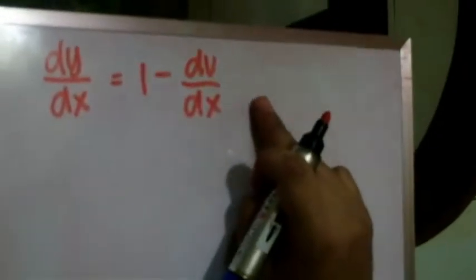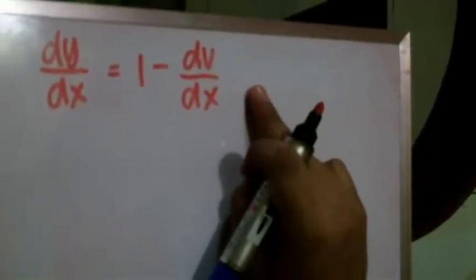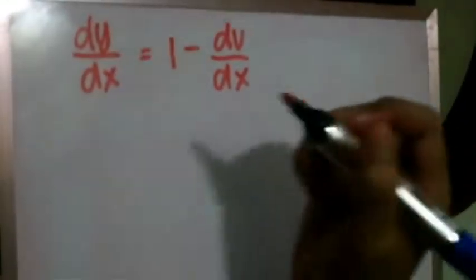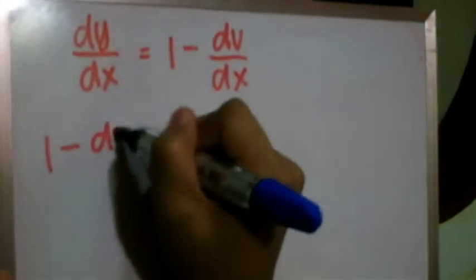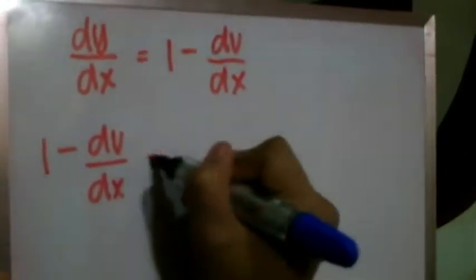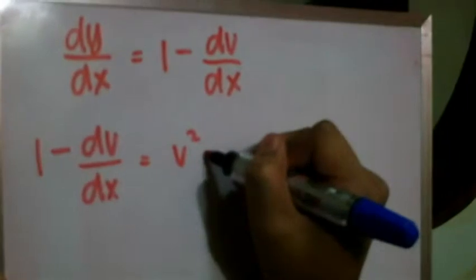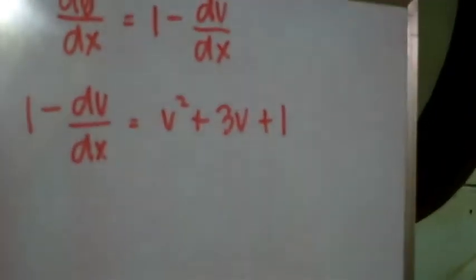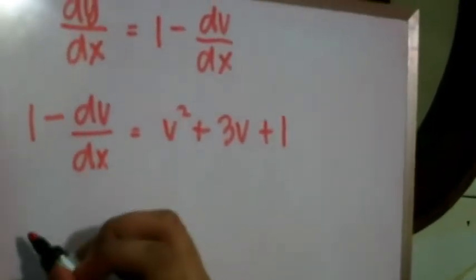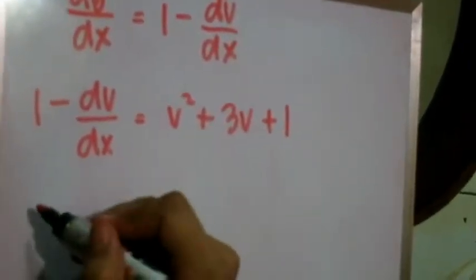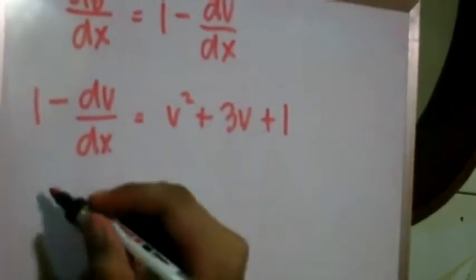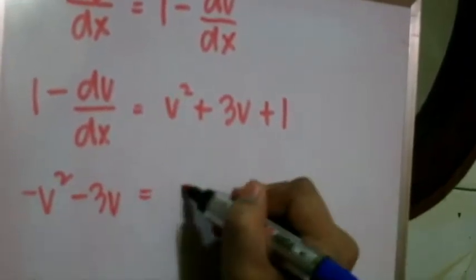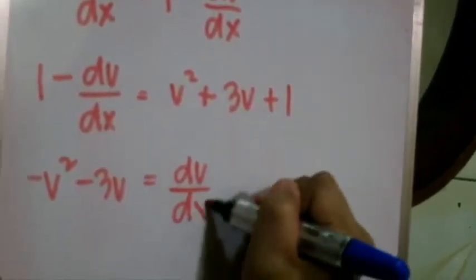Substituting this new equation to the previous equation, we have 1 minus dv over dx is equal to v squared plus 3v plus 1. Now, we have negative v squared minus 3v is equal to dv over dx.